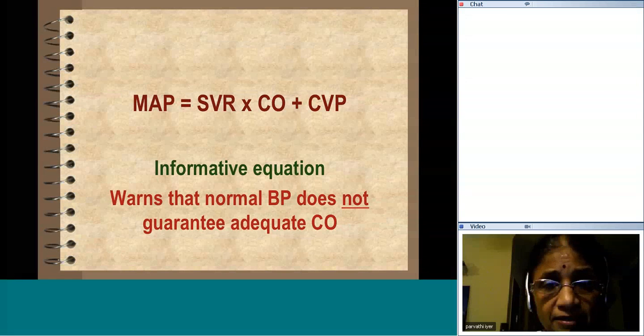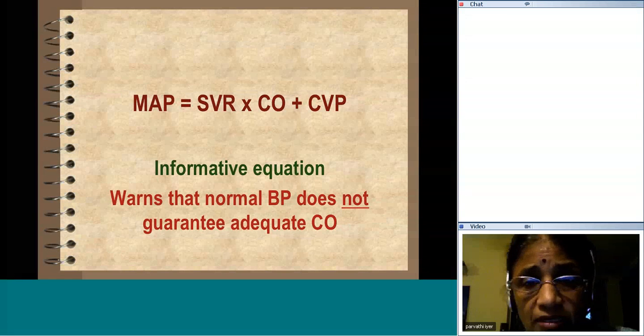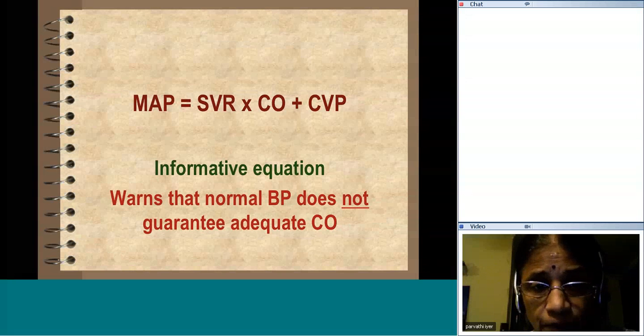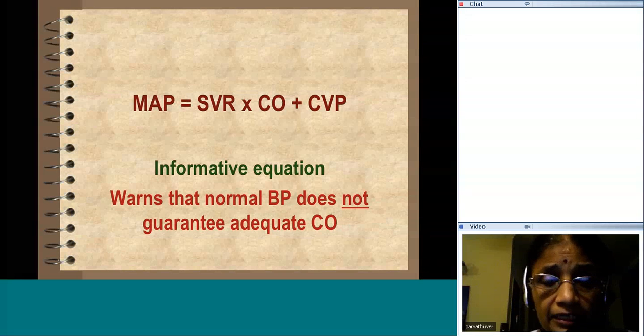It warns you that a normal blood pressure means nothing. It does not guarantee adequate cardiac output or adequate peripheral perfusion. So what are the features that one can look for clinically?